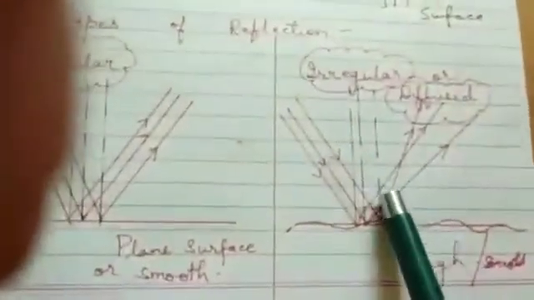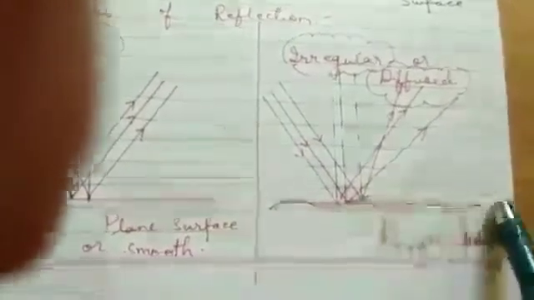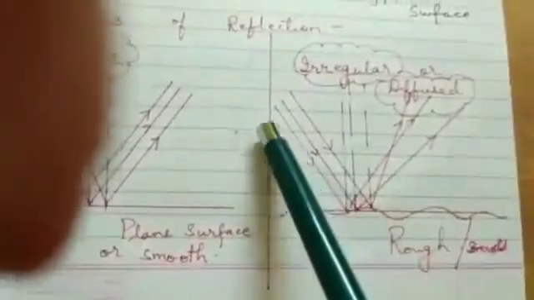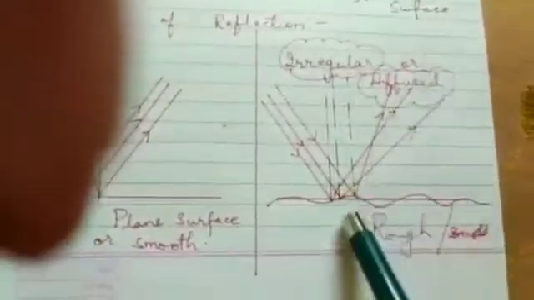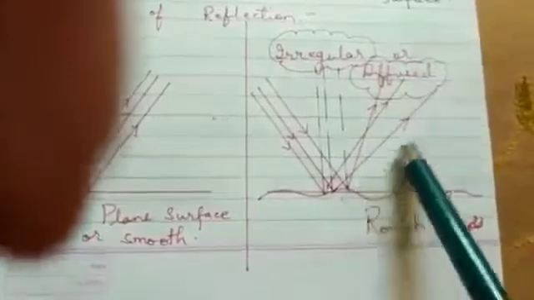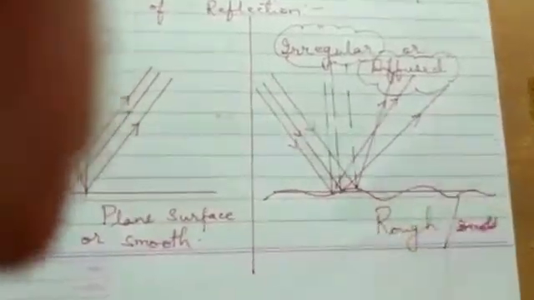But in irregular reflection, or diffused reflection, the surface is not smooth, it is a rough surface. So when parallel rays of light, or a beam of light, fall on a rough surface, the reflected rays returning in the same medium are not parallel to each other.